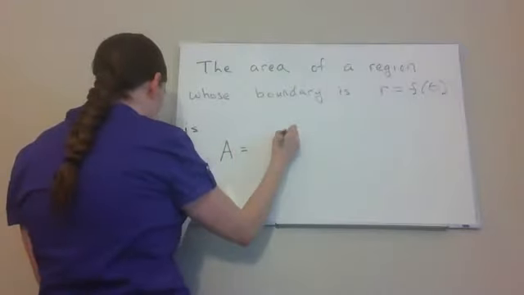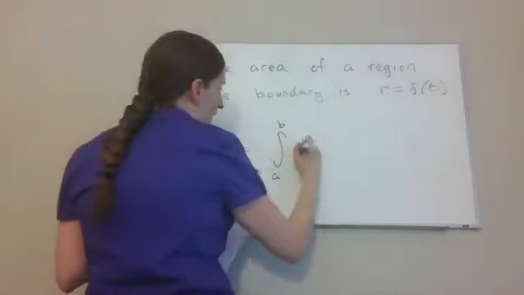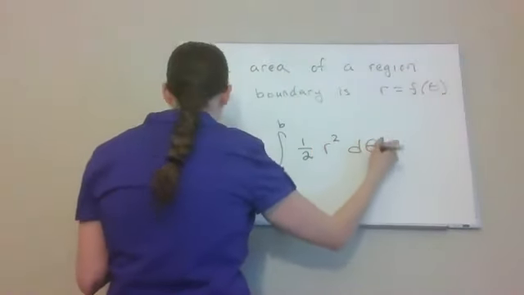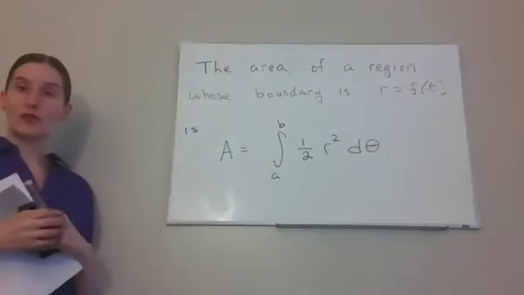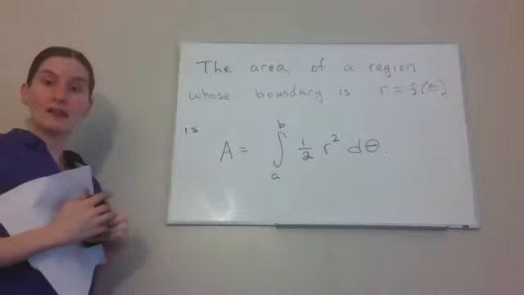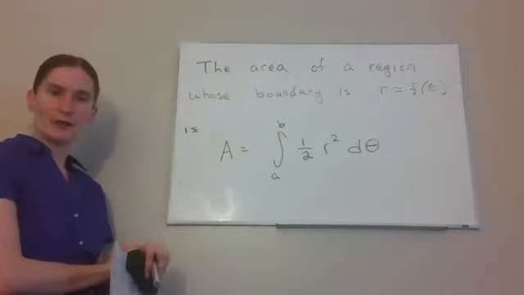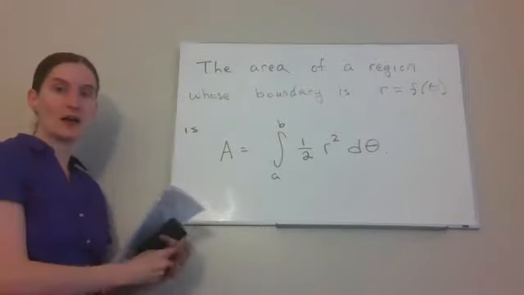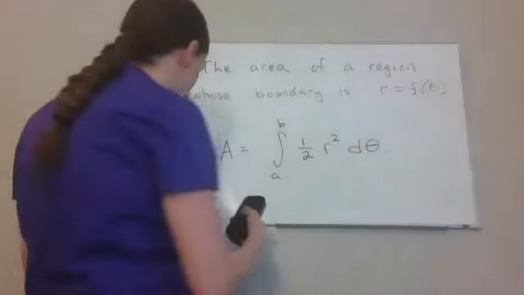Area is equal to an integral from a to b of 1/2 r squared d theta. And for those of you that are current students in my class, I will be posting the reason why this formula comes about in case you're interested in seeing where it comes from. So you can check on our course site to see where this formula comes from.